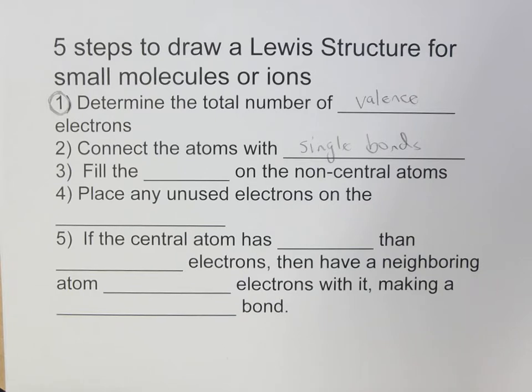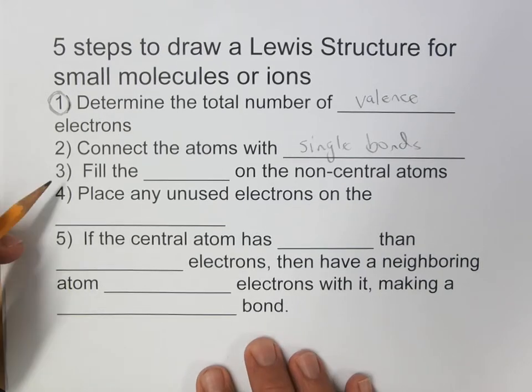So if you know the connectivity, then putting things together with single bonds is super easy. You just draw lines. And you'll see when I do examples that the second step is pretty simple, but it's very important because everything needs to be bonded to the rest of the molecule. So connecting atoms with single bonds, super important.